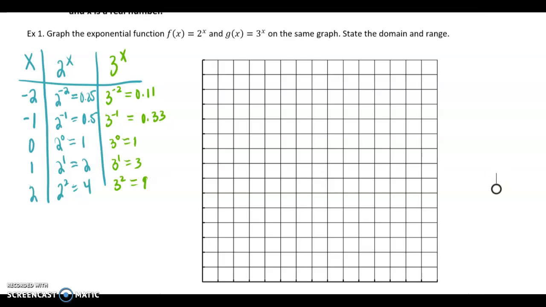I'm going to draw my x-axis down here, and then my y-axis straight down the middle. And then we'll do our table. So 1, 2, 3.